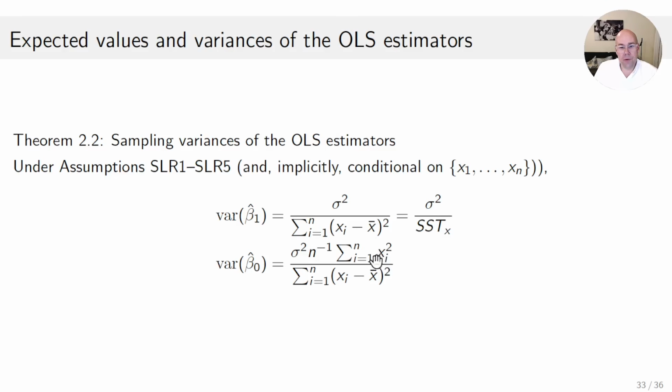So that tells you that here things are a little bit less intuitive, and that comes from the fact that this is the intercept, right? The estimate of the intercept. It will depend on these x's, because at the end of the day, recall how we compute the intercept.